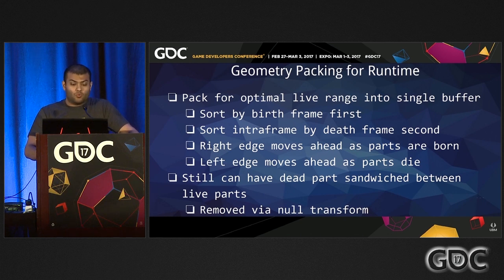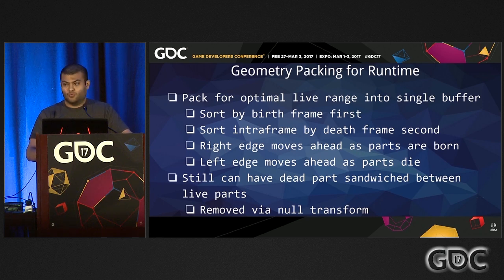The way you want to pack this, and we'll go through an example to show you, is you want to sort everything that's first born to the front of the list, all the vertices, and then within that, all the parts, you want to sort the thing that dies first towards the front. What you end up with is essentially the right edge moving ahead as parts are born, and the left edge moves ahead as parts die.